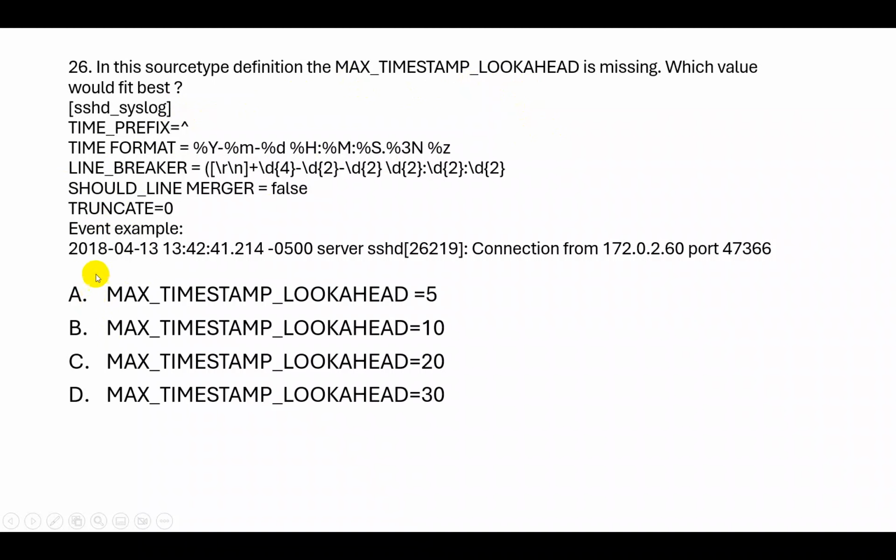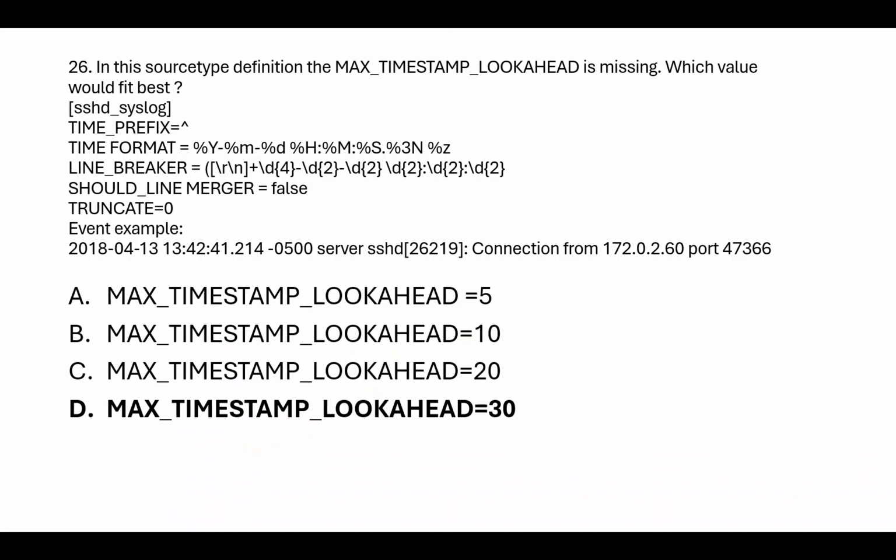The possible answer options are option A, max_timestamp_lookahead equals 5, option B equals 10, option C equals 20, option D equals 30, and the right answer is option D, max_timestamp_lookahead equals 30.